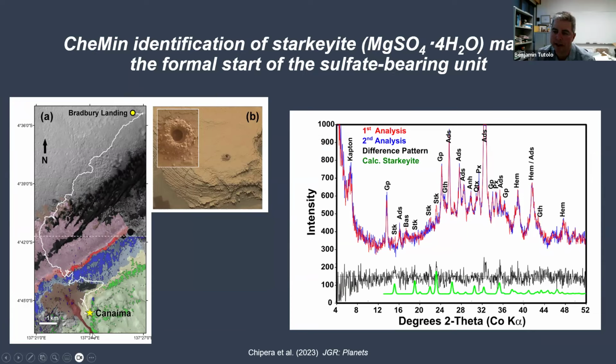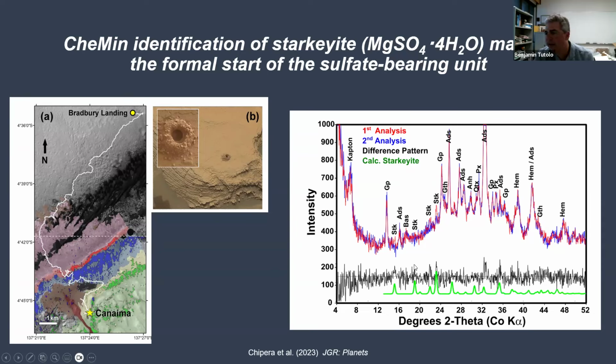These green areas here are indications of these sulfate minerals, whereas down below we ended up with iron oxides and clay minerals. So this drill site, importantly, was the first place anywhere on Mars where people had definitively identified the presence of a magnesium sulfate mineral, in this case, starkite.